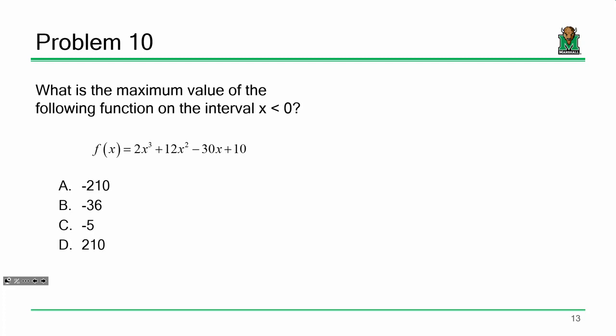How do we determine a maximum? Where does a maximum occur, an extrema on a graph? Well, no. Inflection points are where the concavity changes. An inflection point is where the second derivative changes. But where does a maximum occur?